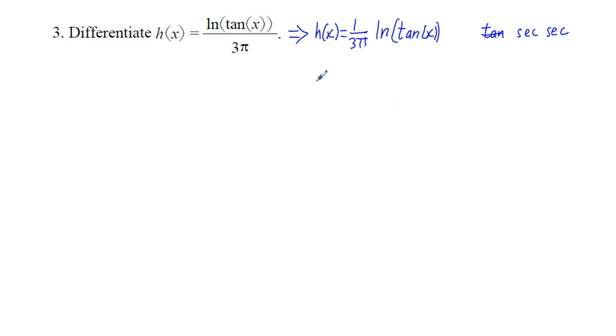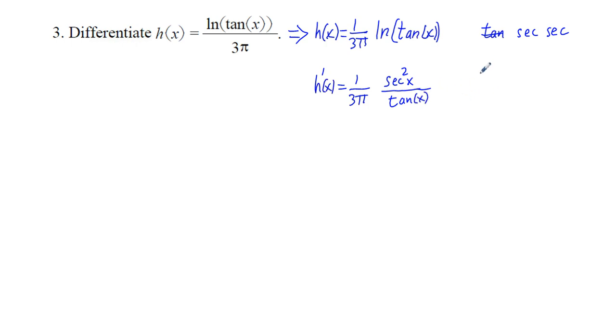So I'm going to work this below, h prime of x. I'm going to bring this 1 over 3 pi over here, and we're going to have the derivative, which is secant squared x over tangent x. And then we can simplify from here, perhaps.